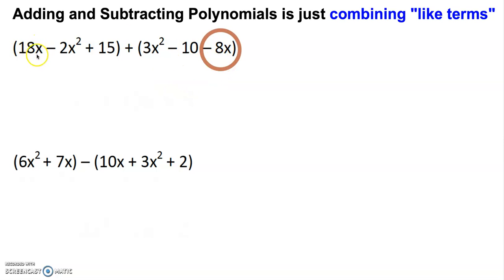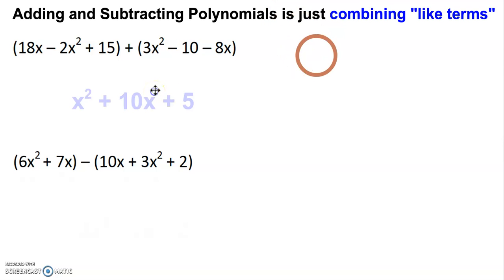We have to find the same exponent on that term, and that's the one that's going to match with it. The negative 2x squared is going to match with the positive 3x squared. The 15 is going to match with the minus 10. Those are going to be our like terms. So that when we combine them, I get x squared plus 10x plus 5.